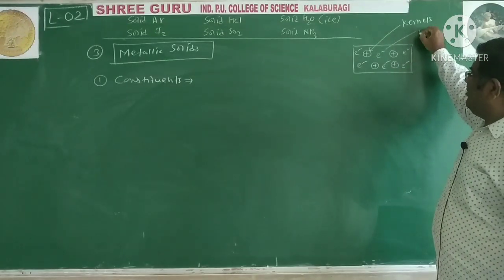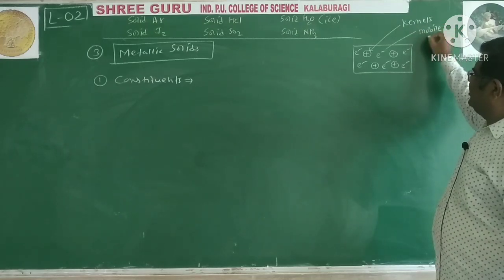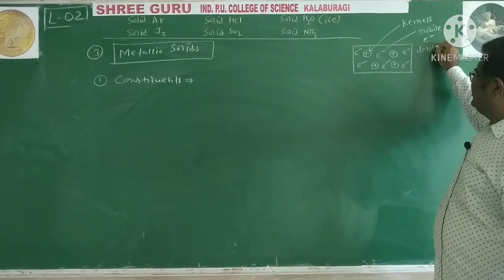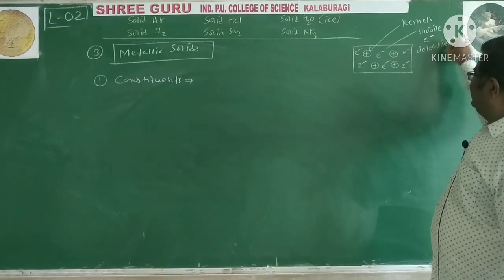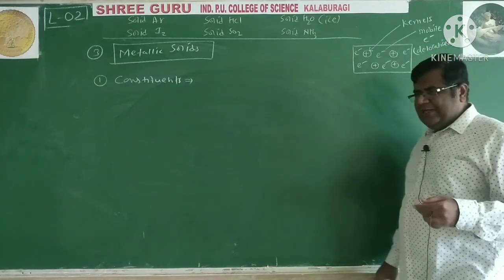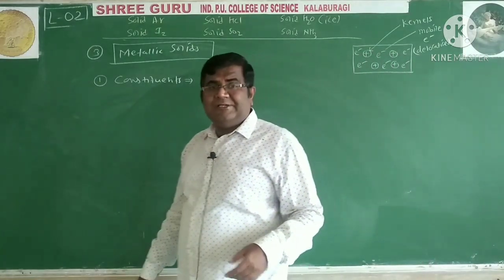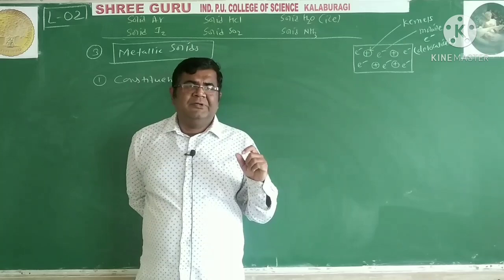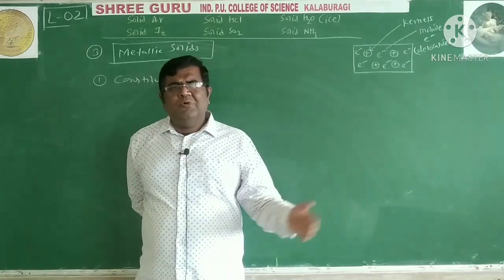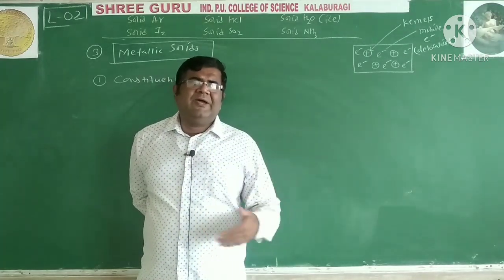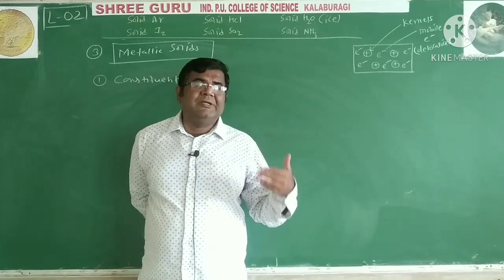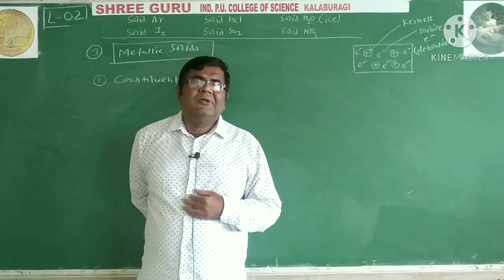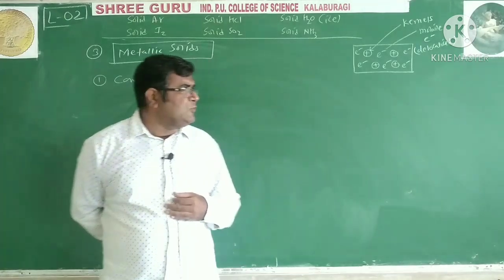This is called a mobile electron, which is delocalized. Delocalized means it is the property of the whole metallic crystal. It does not belong to only one metal atom. So it moves about. That's why metals are good conductors of electricity. They can conduct heat also.